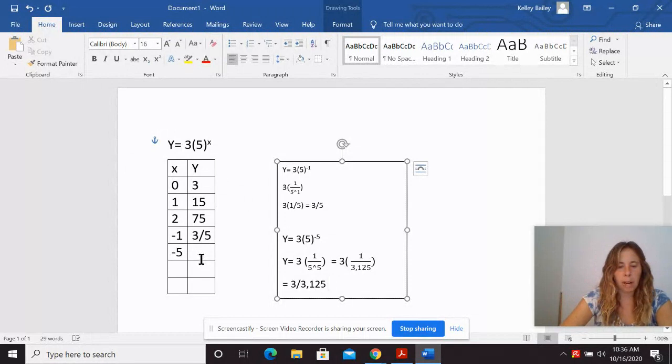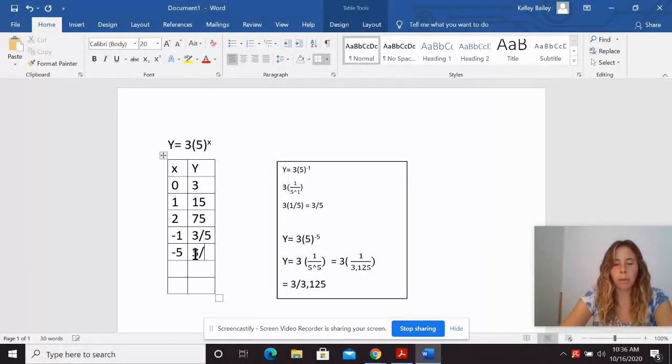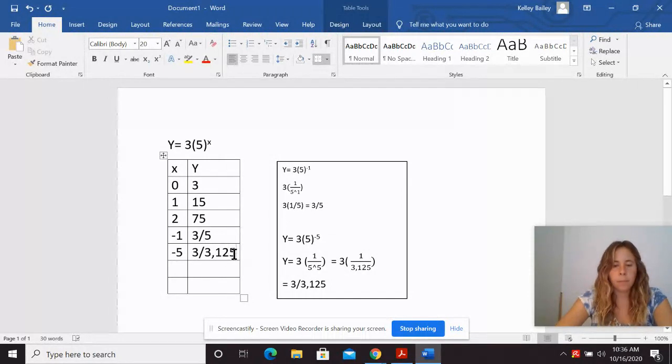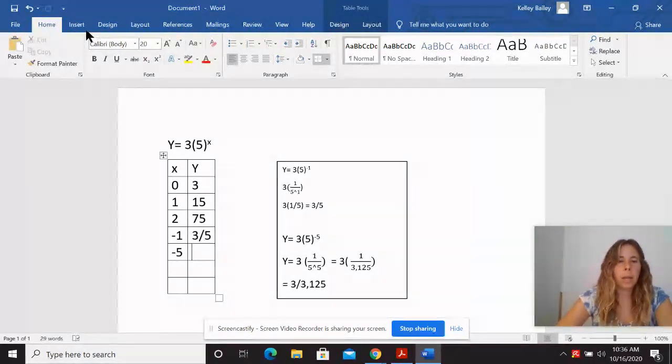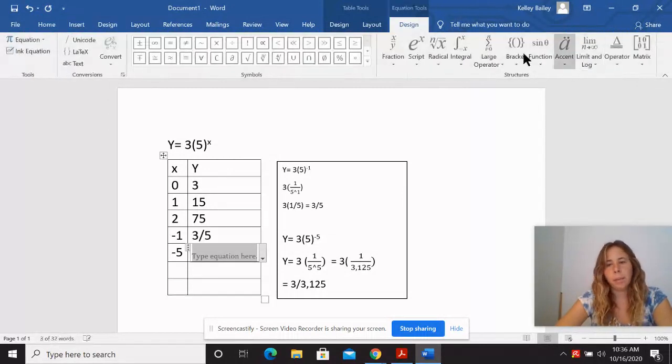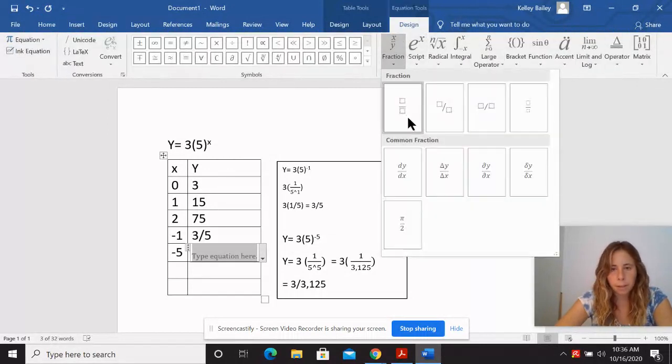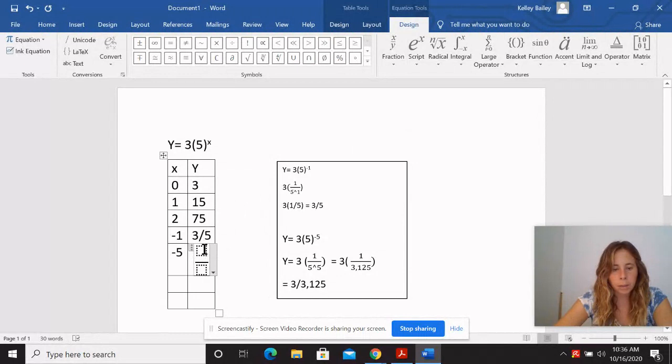So that is the fraction that you're left with. Actually, let me turn it into a fraction. Write a better fraction of that. Okay, so it's 3 over 3,125.